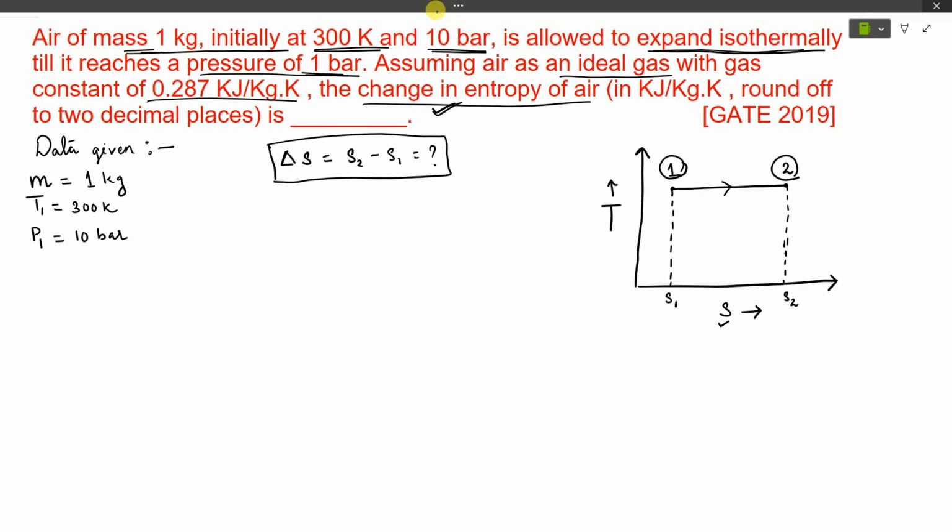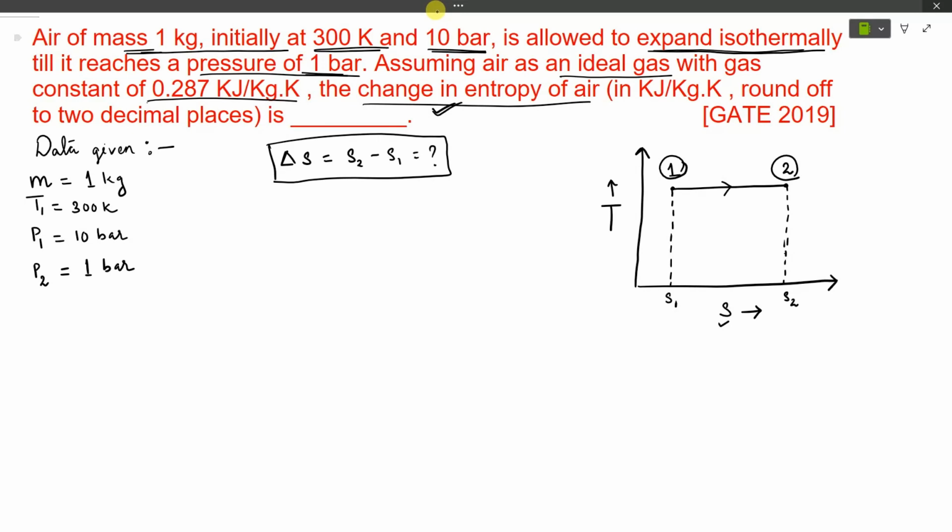As we get 1 bar pressure, the expansion process stops there. So after expansion the pressure becomes P2, and that is given as 1 bar.